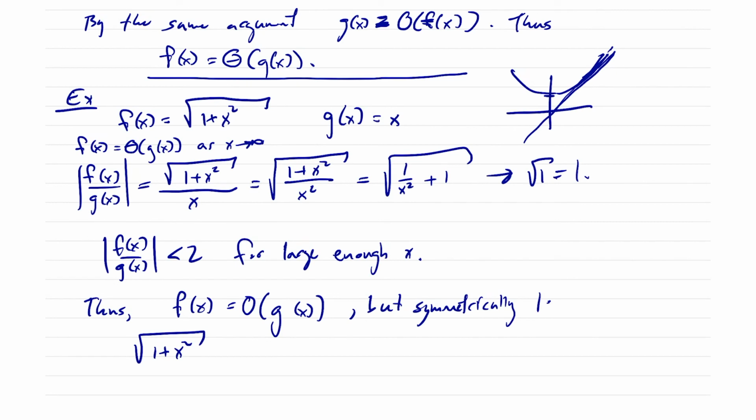We have g of x is equal to big O of f of x. And so thus, the square root of 1 plus x squared is theta of x.